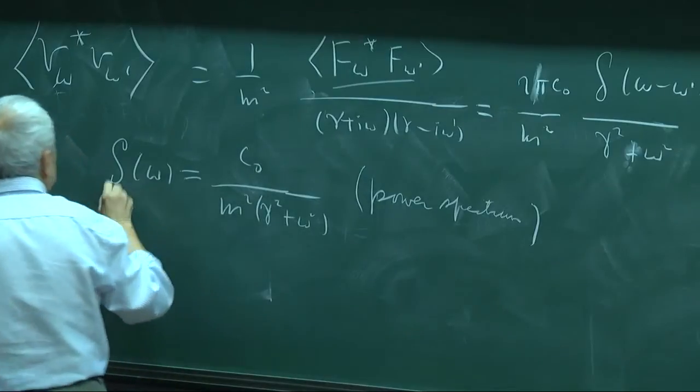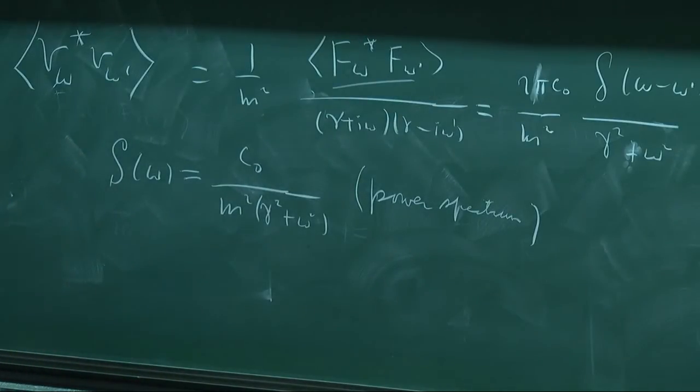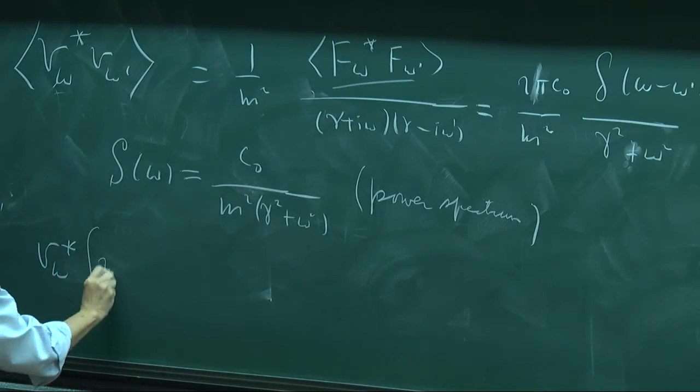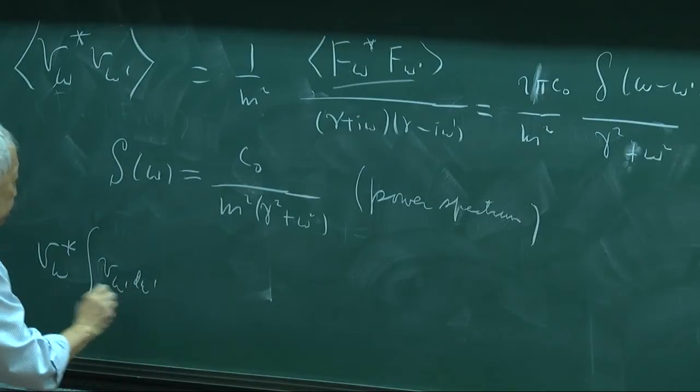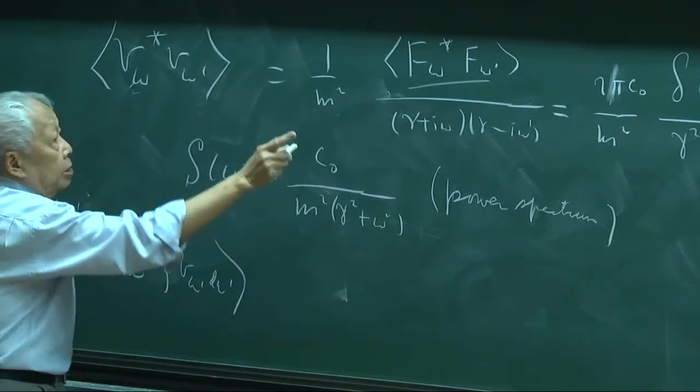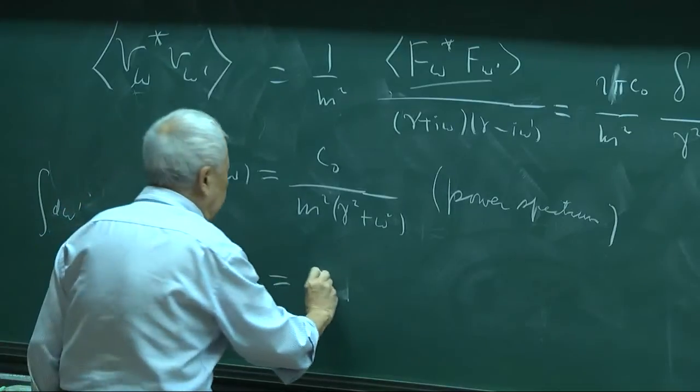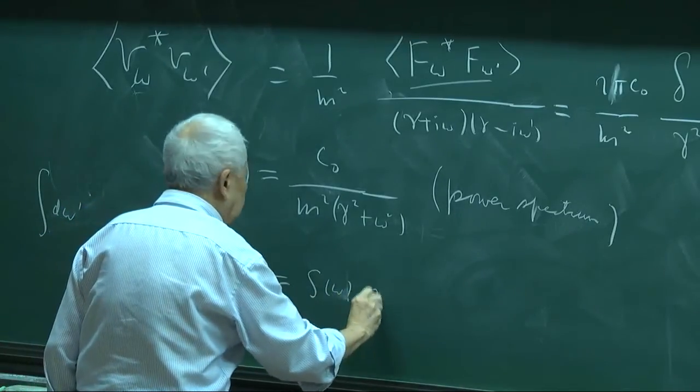Why is it called a power spectrum? Because if you integrate both sides over omega prime, on this side you will get v omega star times the integral of v omega prime. On the other side you would get S of omega times 2 pi.